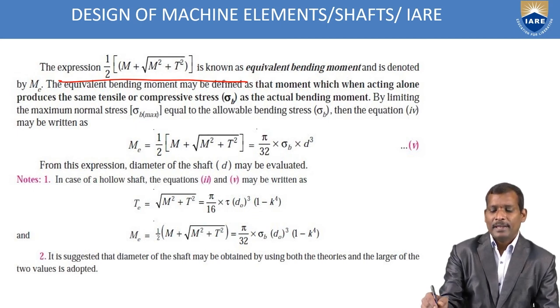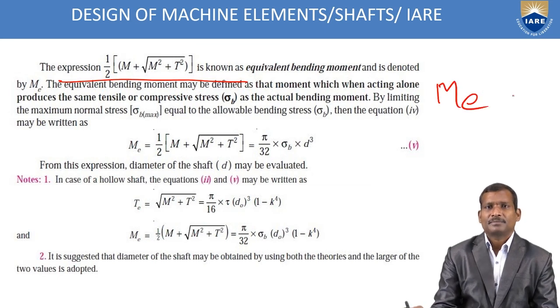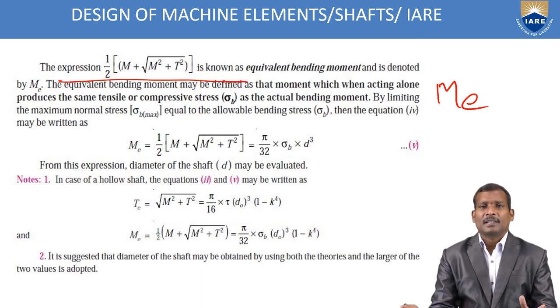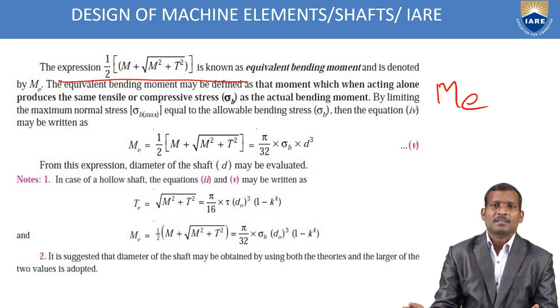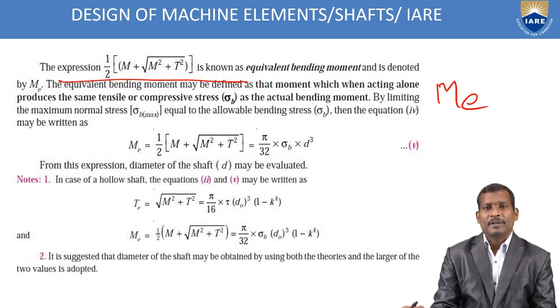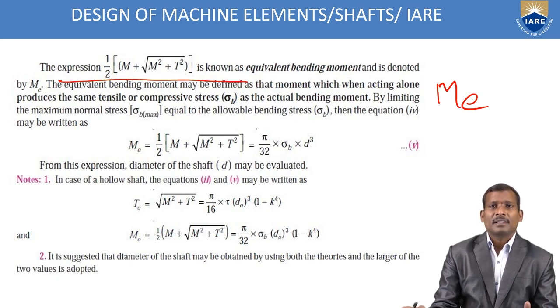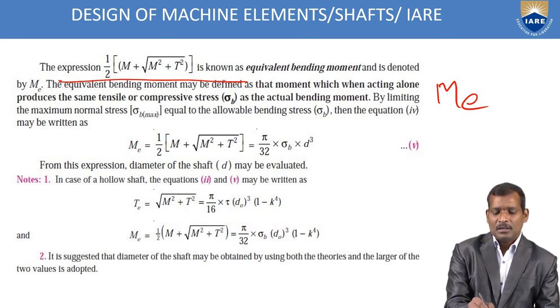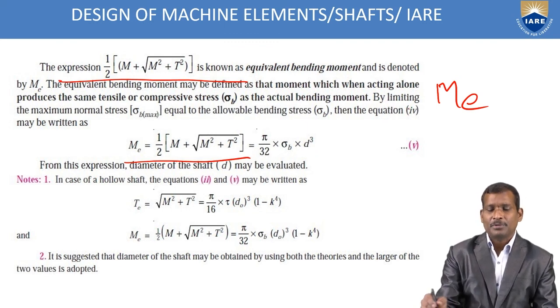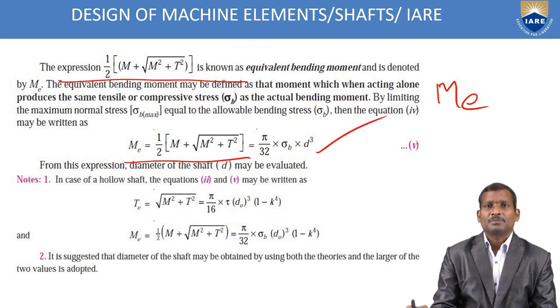It is denoted by Me. So the equivalent bending moment may be defined as that moment which, when acting alone, produces the same tensile or compressive stress as the actual bending moment. You may write equivalent bending moment Me is equal to half into M plus square root of M square plus T square, is equal to pi by 32 into sigma b into d cube. So from this expression, you may calculate the diameter of the shaft.